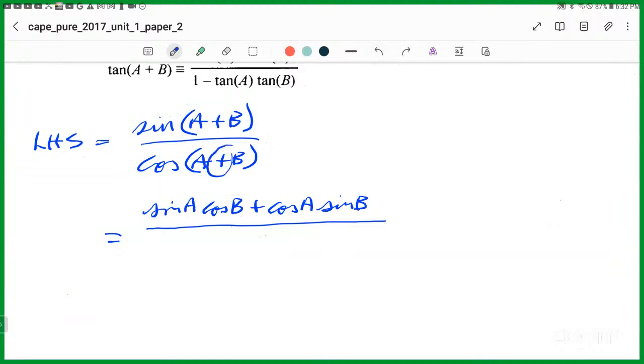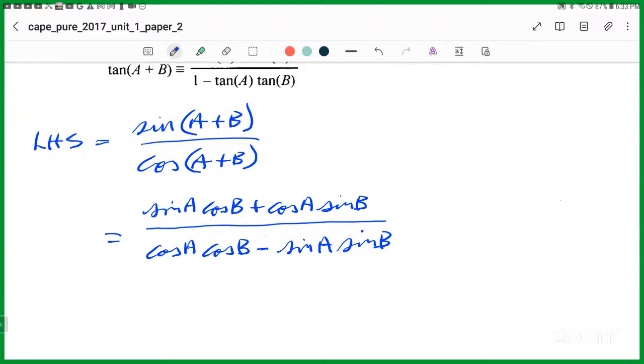If you have a plus here, you're going to get a minus in between. So the expansion of this is cos A cos B minus sin A sin B. You have to know these things.